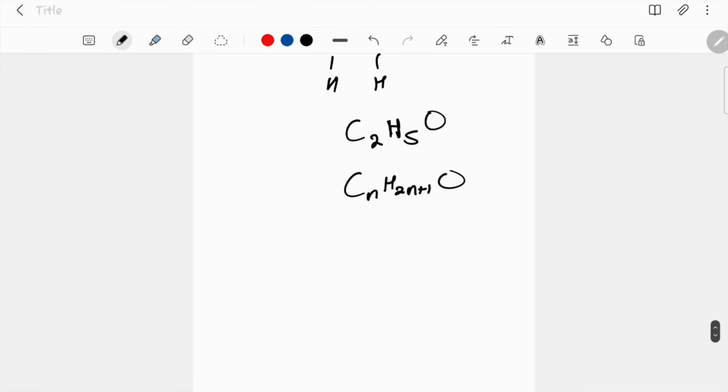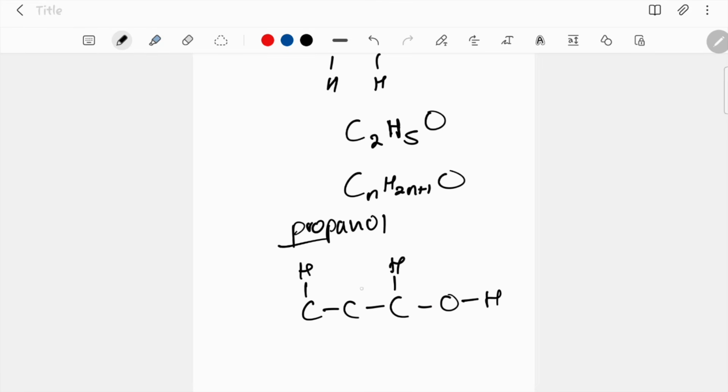But let's draw butanol. So actually let's draw propanol. It's going to be easier. If we draw propanol, prop has 3, and then the rest is hydrogen here. We just add OH. There you go.